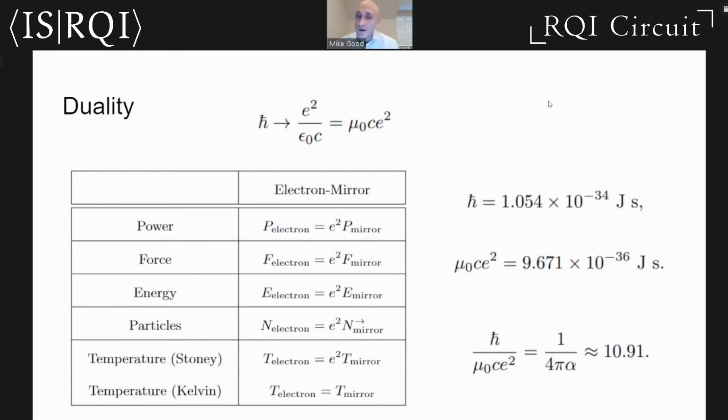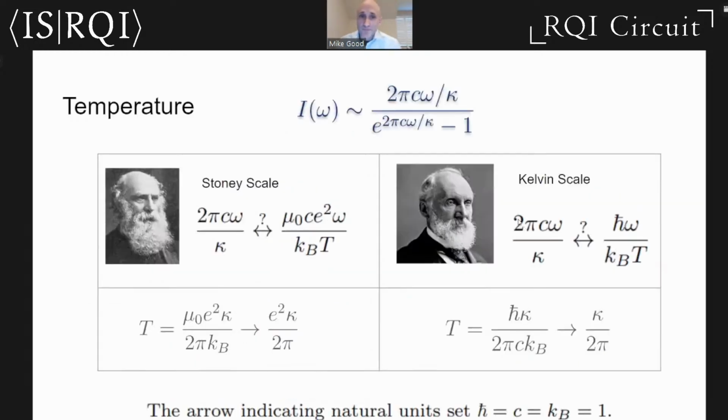So the constant here is in joules per second. It's this e squared versus h bar, and the difference between these two models is exactly a factor of 1 over 4 pi times the fine structure constant. So here's the difference between the Stoney scale and the Kelvin scale.